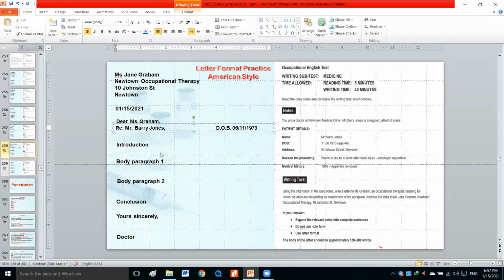The difference between yours faithfully and yours sincerely: yours faithfully is used in letters if you don't know the name of the person you are writing to, or you don't know the name of the recipient. But here we know the name of the recipient, Ms. Graham.